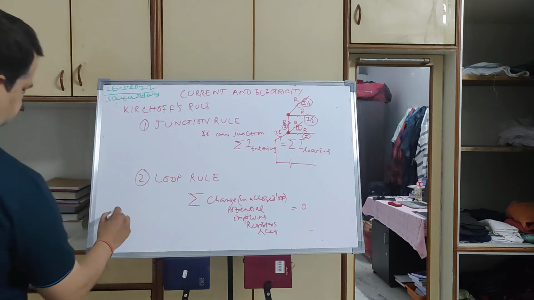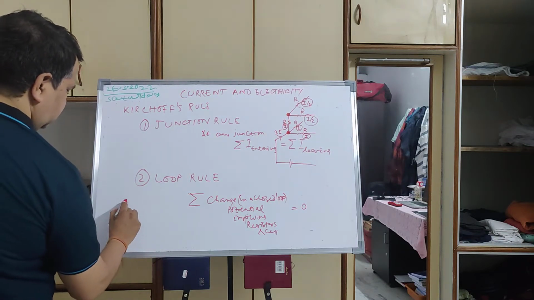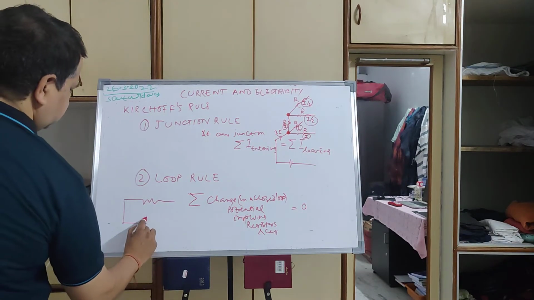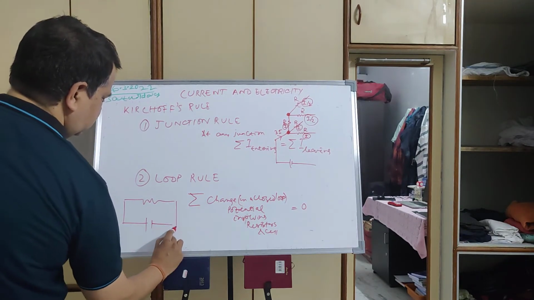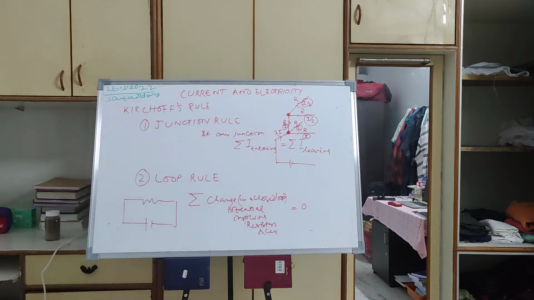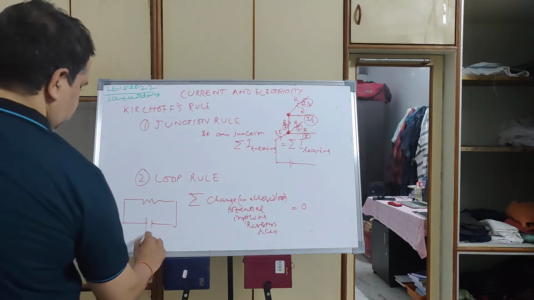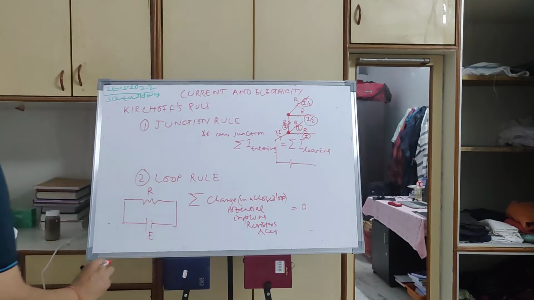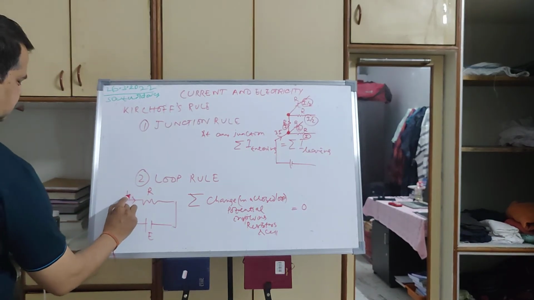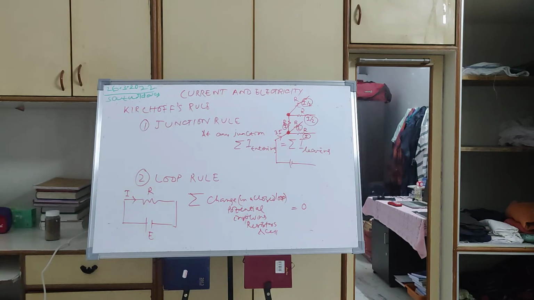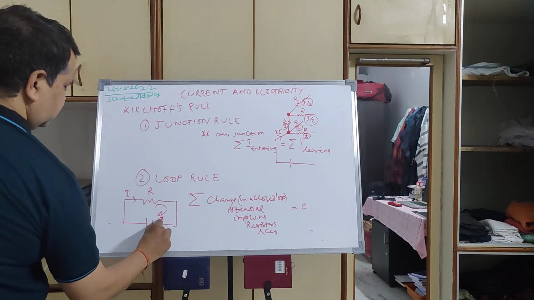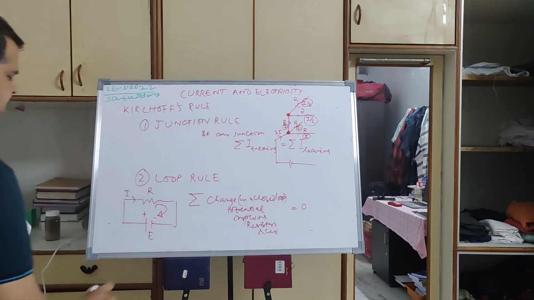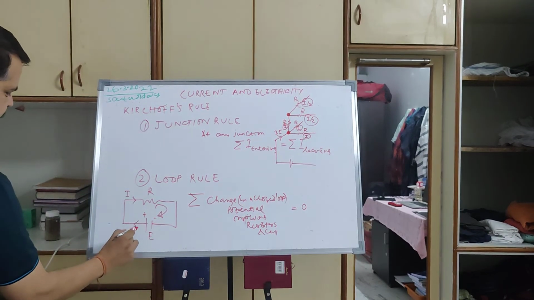Suppose you imagine a simple circuit. This is your resistor, this is your cell. This is the EMF, this is the resistance, and let us say current I is flowing here. This is a closed loop. Current always flows from positive to negative, so your current is flowing like this.